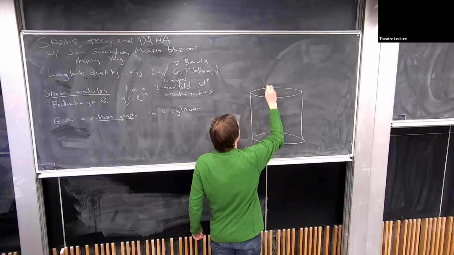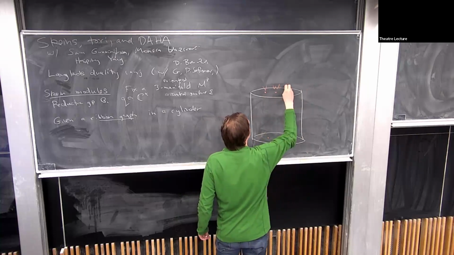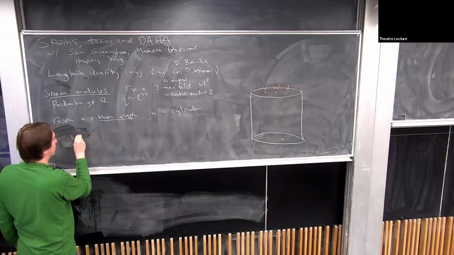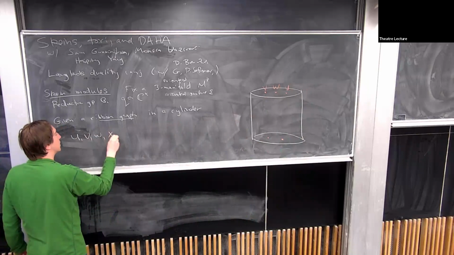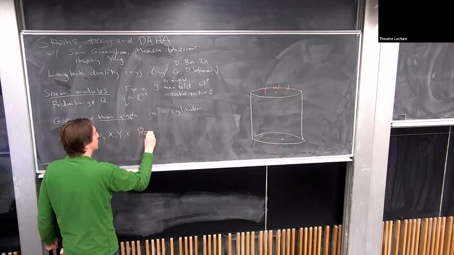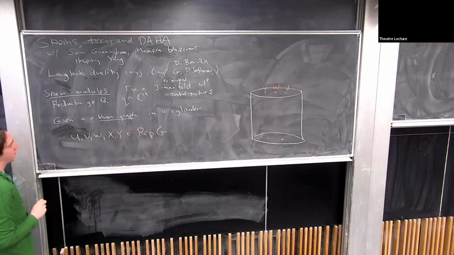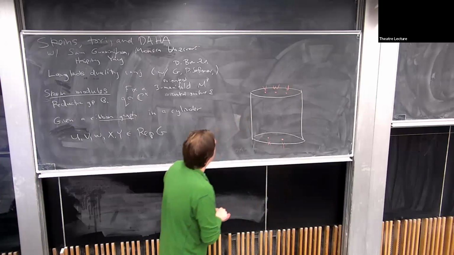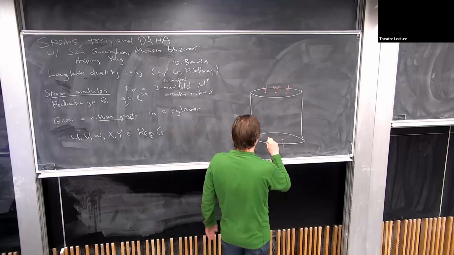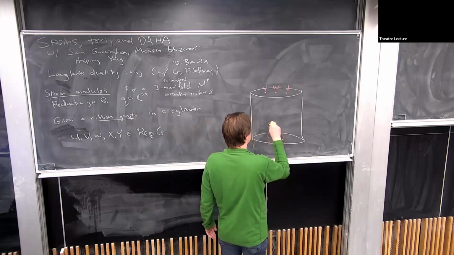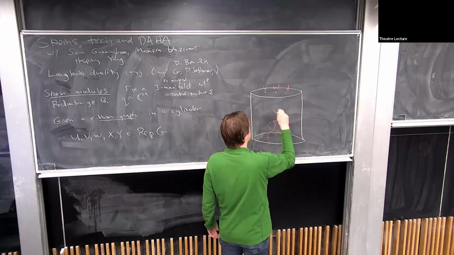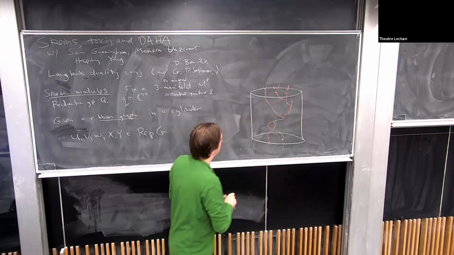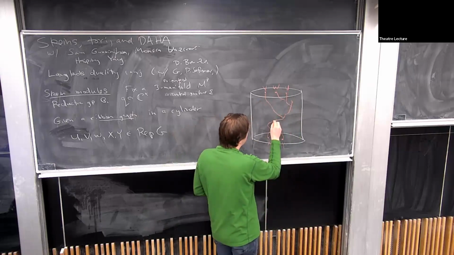These will be labeled by some objects in a category. So the objects here, U, V, W, X, Y, we can think of as just finite dimensional representations of our group. And then a ribbon graph is some sort of filling of this thing, like so.